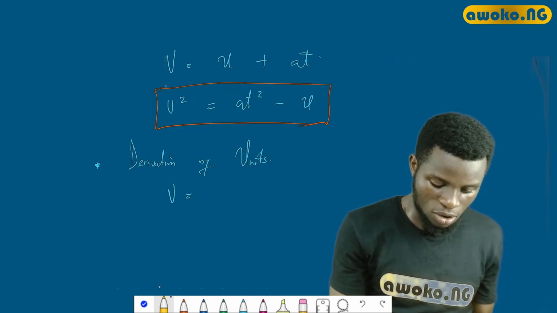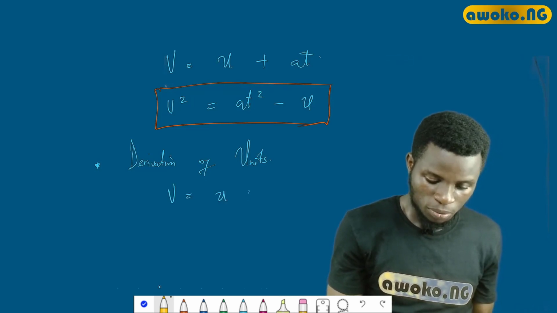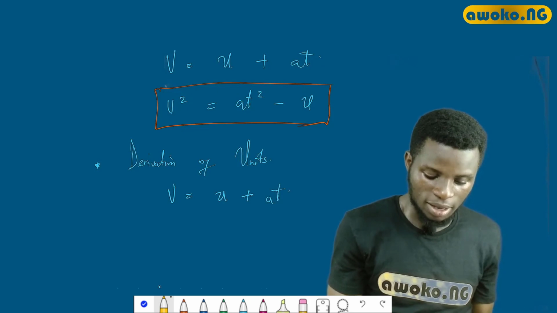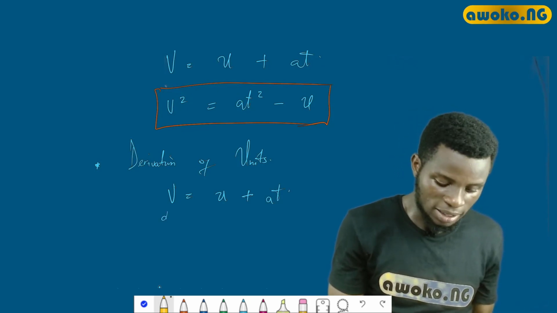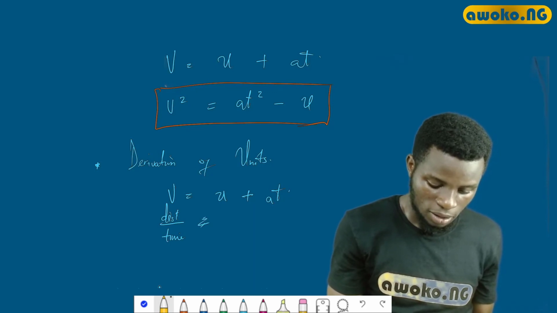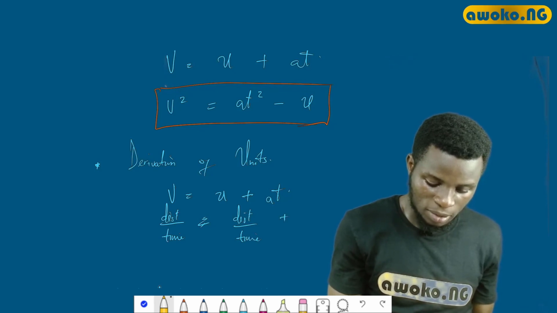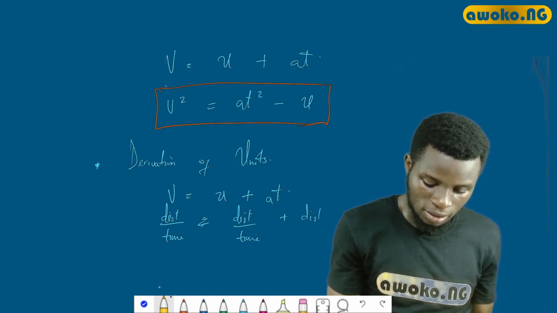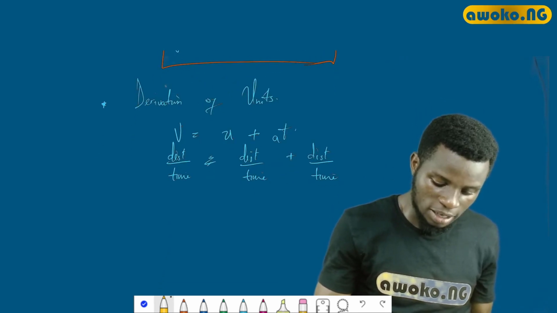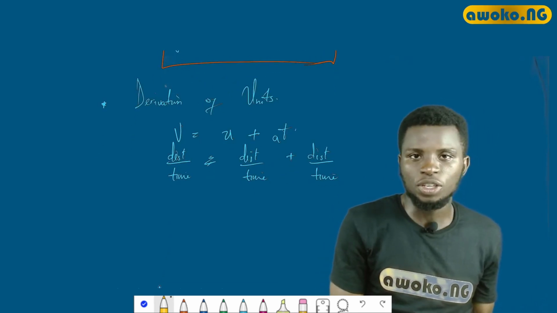V equals U plus AT. Now we said this is distance over time equals distance over time plus distance over time. From these, we can get the units of each of these.